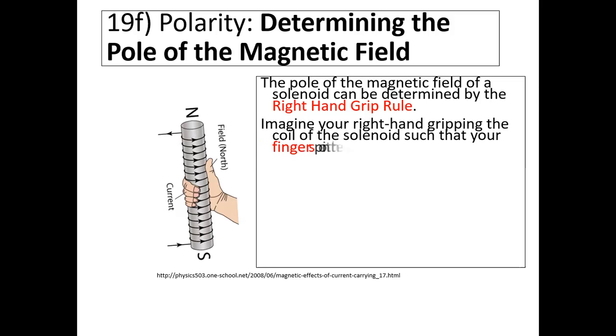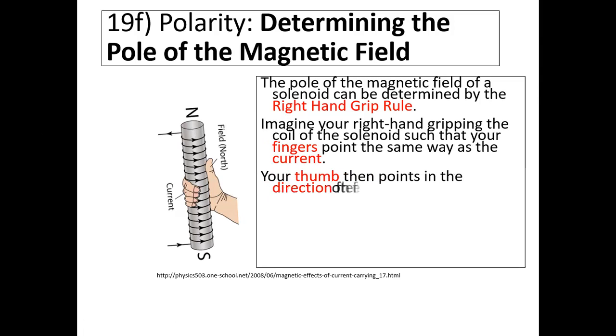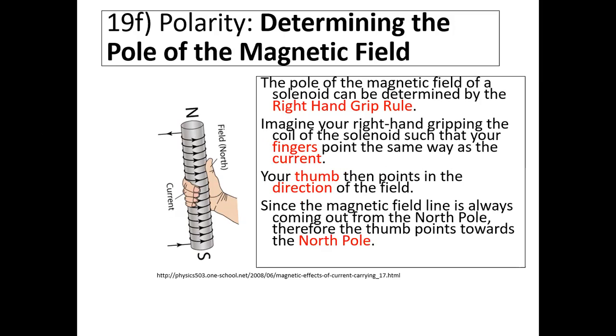Just imagine your right hand gripping the coil of the solenoid. The fingers represent the direction of the current. Your thumb will point to the direction of the north pole or direction of the field, B. Okay with that?